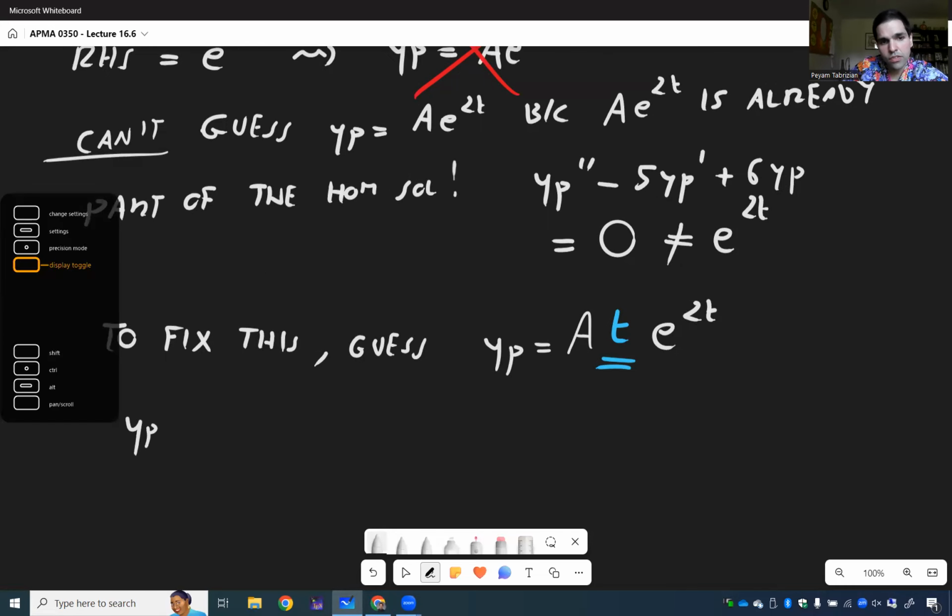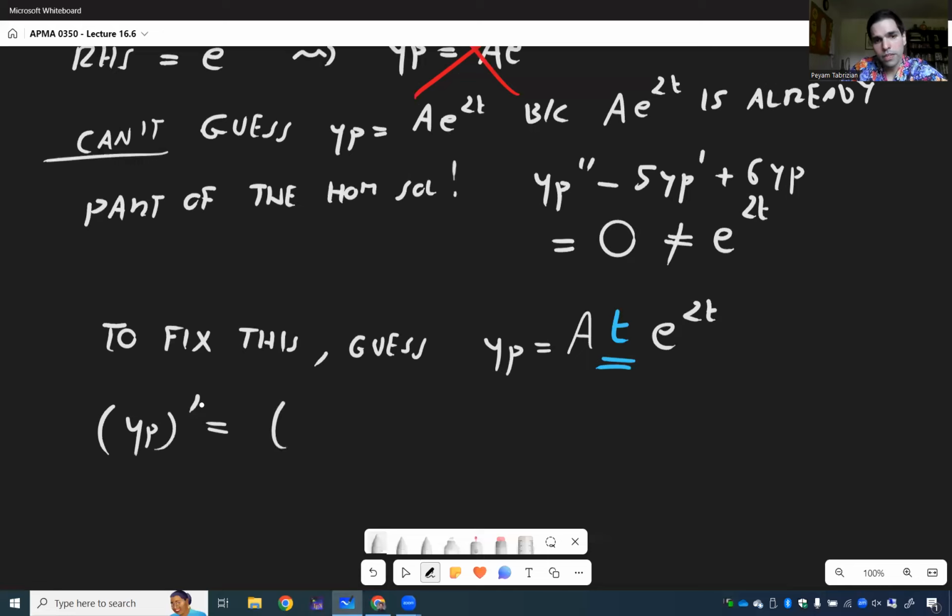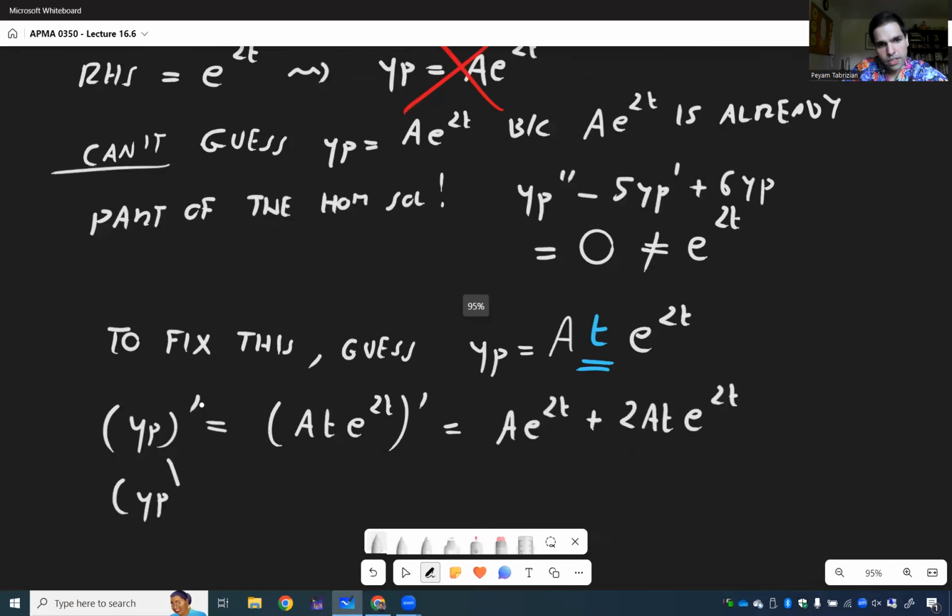So let's calculate the derivatives. yp prime, it's (a t e to the 2t) prime, which is a e to the 2t plus 2a t e to the 2t. And yp double prime is (a e to the 2t plus 2a t e to the 2t) prime.